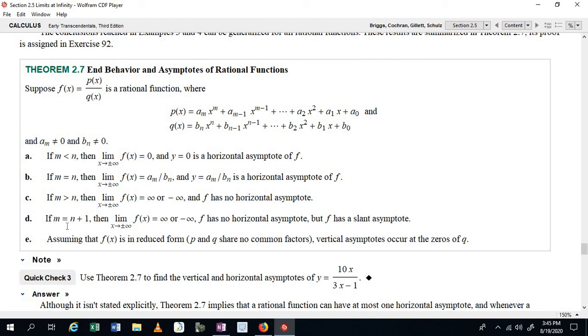And then if the degree of the top is one more than the degree of the bottom, then this limit is either infinity or negative infinity, and so you have no horizontal asymptote, but you do have a slant asymptote, and this is the case where the degree of the top is one more than the degree of the bottom.